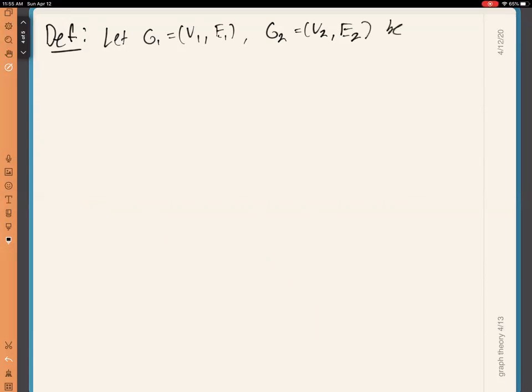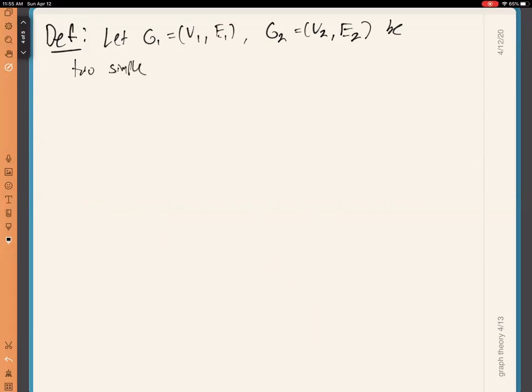Right, and so what is the definition of a graph isomorphism? Right, so we'll have two graphs. So let G1 and G2 be two graphs. And for now, let's say they're simple graphs, meaning there's no loops.